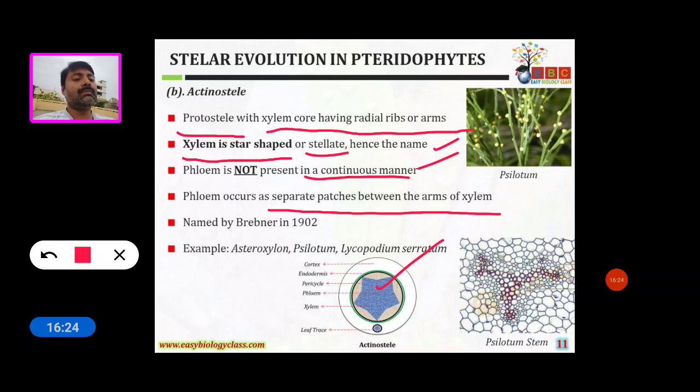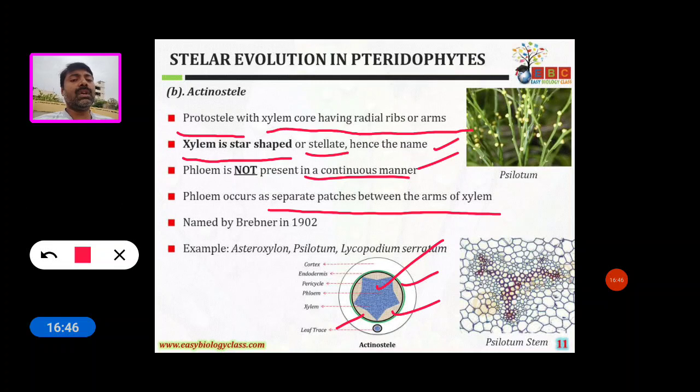This is the star-shaped xylem, and this is the phloem.